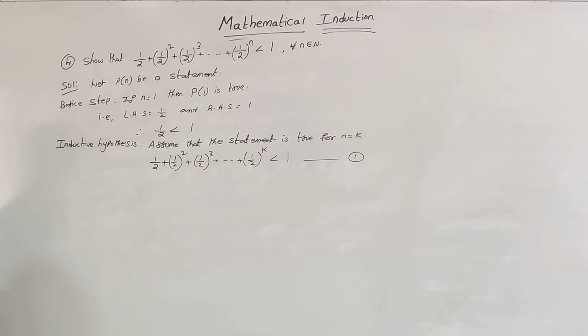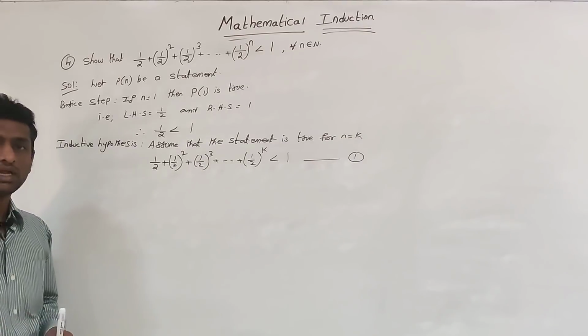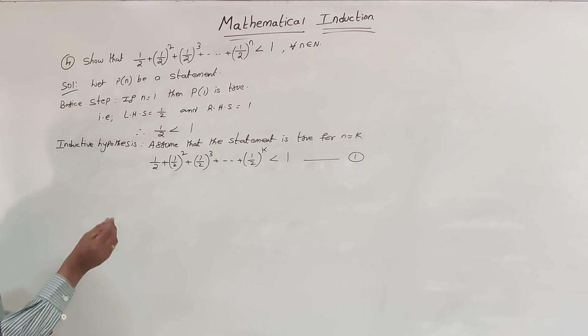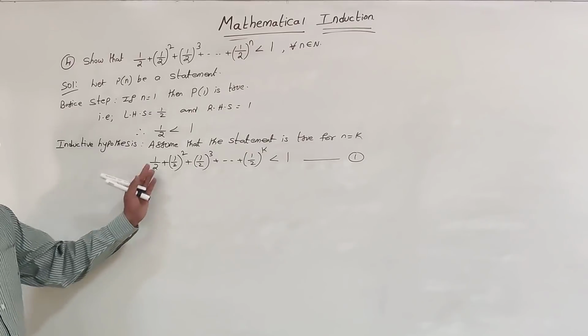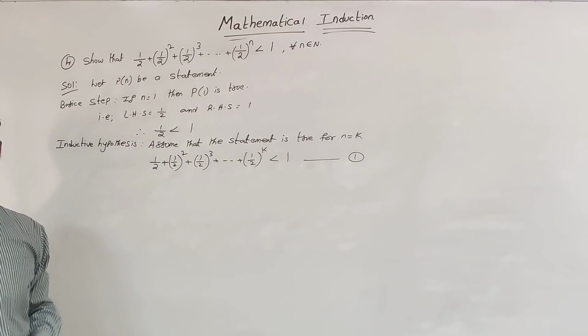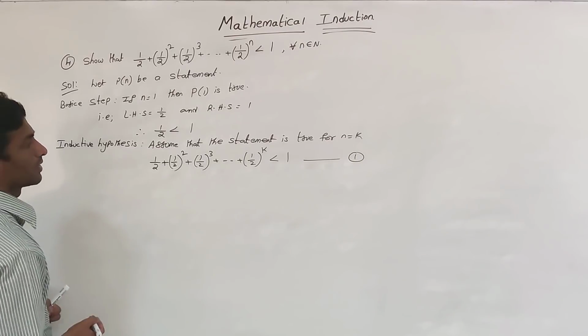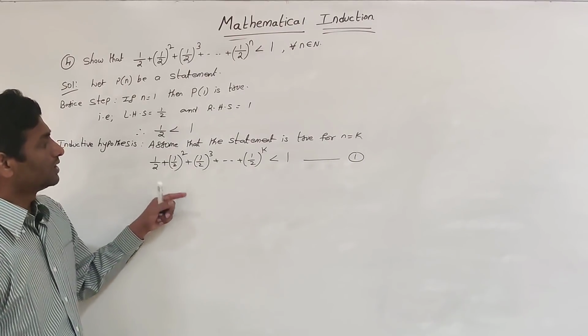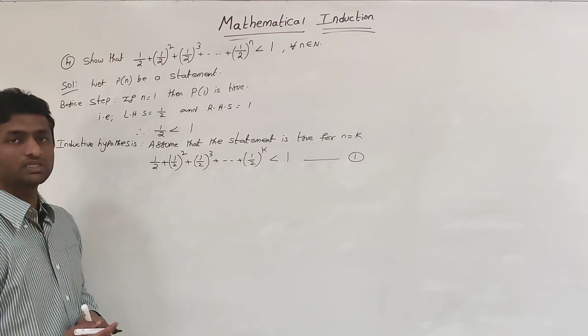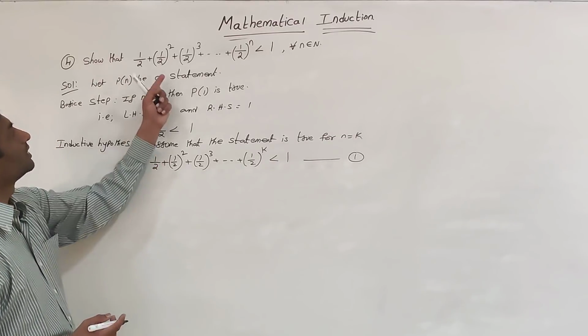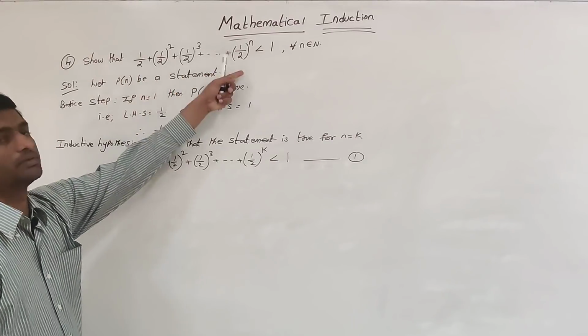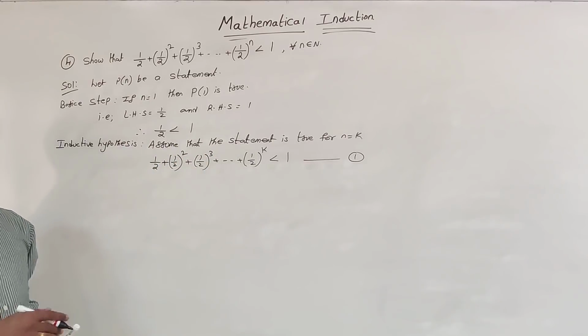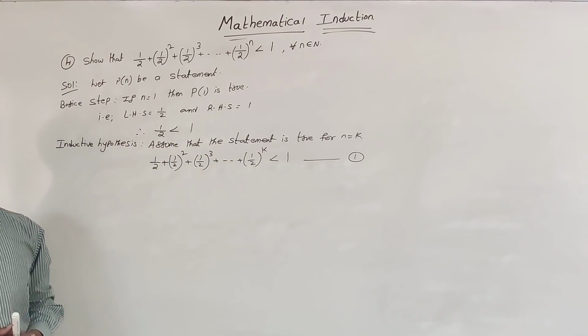So what is our next step? The next step is we have to show that the given statement is also true for n is equal to k plus 1. Means in order to get k plus 1, these are the n terms, so our next term is 1 by 2 whole to the power of k plus 1.